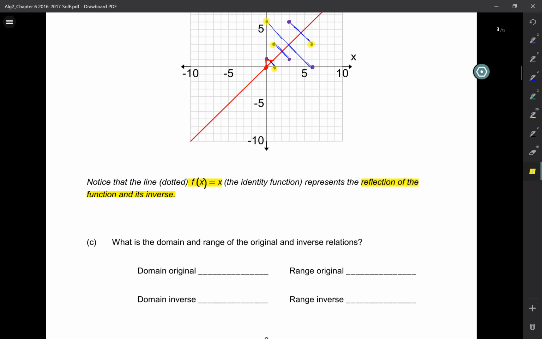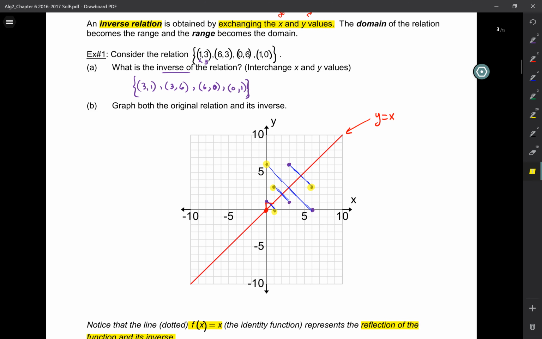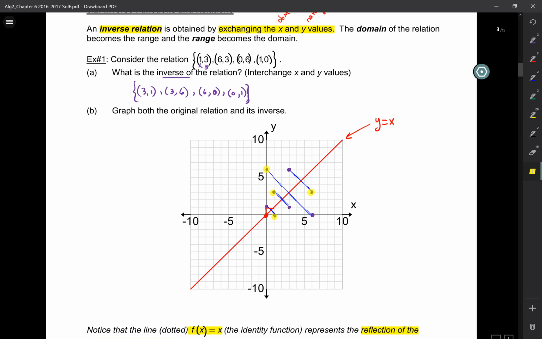All right, so let's look at the original relation again. What we want to do now is determine what the domain is. So remember when you had discrete points, the domain is just the collection of all of the different x values. So what are the x values that appear here? I have a 1, I have a 6, a 0, and another 1, right?